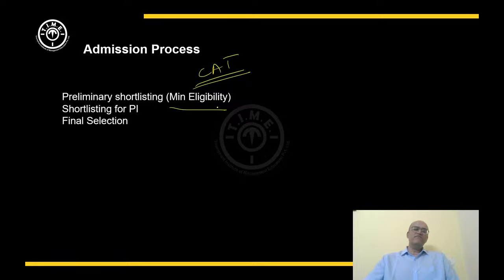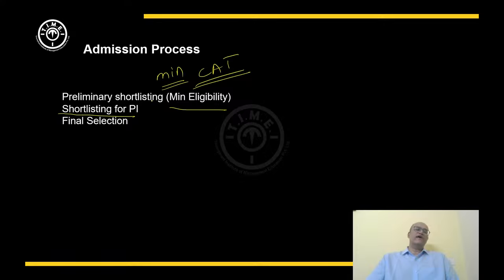So there will be a minimum required CAT percentile. Only those people who clear this minimum required CAT percentile will be considered for the shortlisting phase for personal interview. If you miss that minimum required CAT percentile, then you are out. They are not going to consider your profile at all. So first thing is you'll have to clear the minimum required CAT percentile.